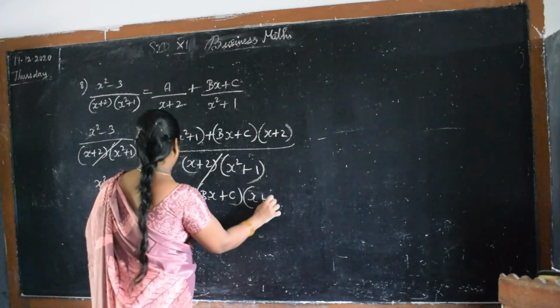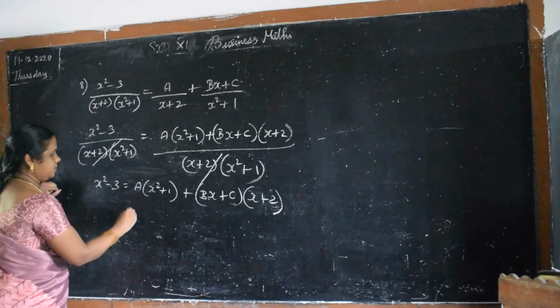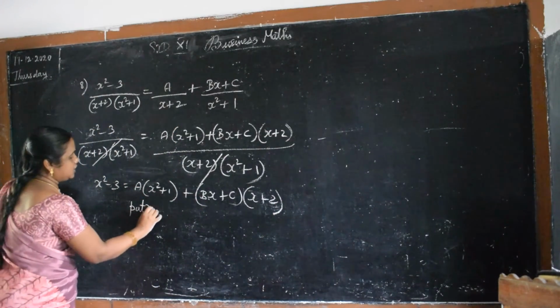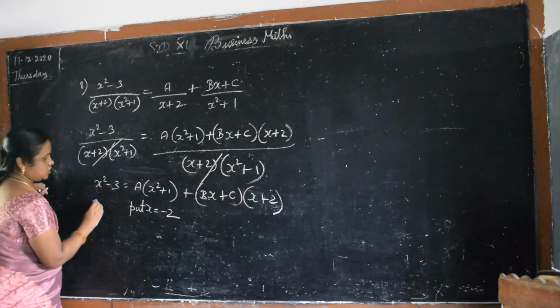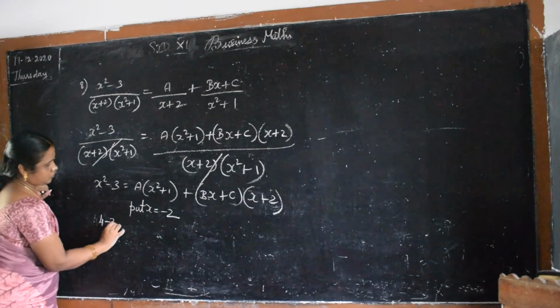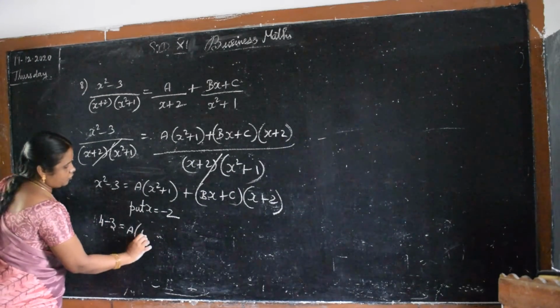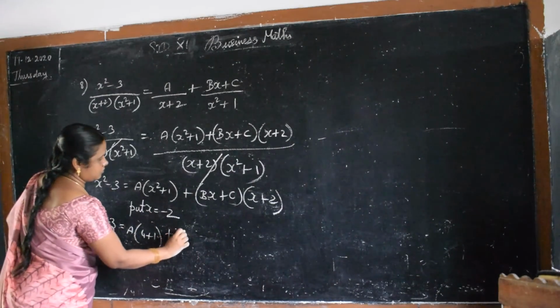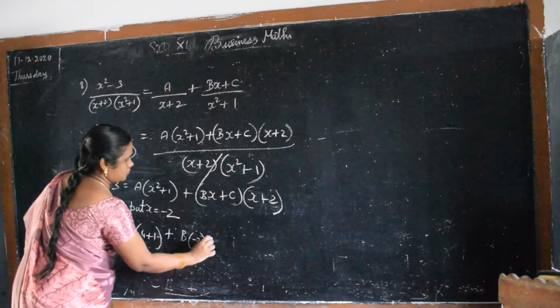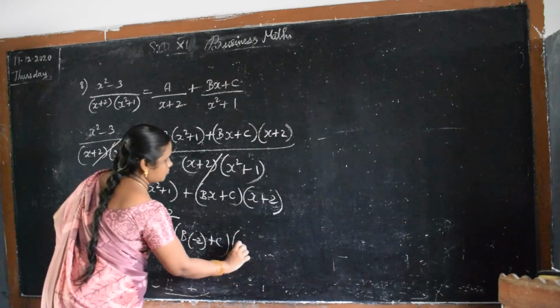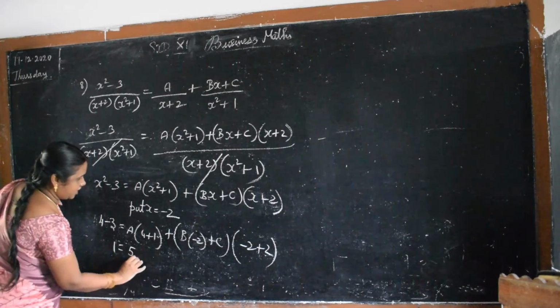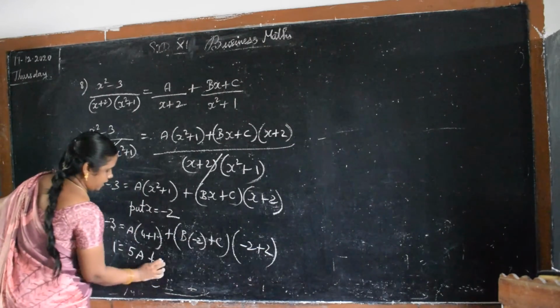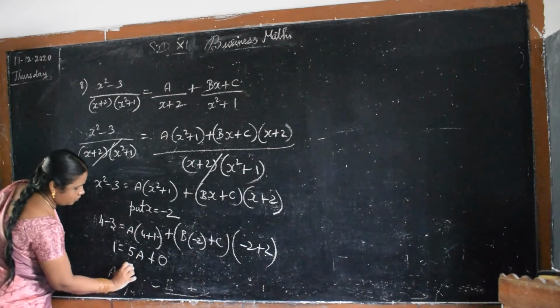Now I am going to put x = −2. Then this term will become 0. So (−2)² is 4, 4 + 1. Then 1 = 5a plus the term is 0. So a is equal to 1/5.